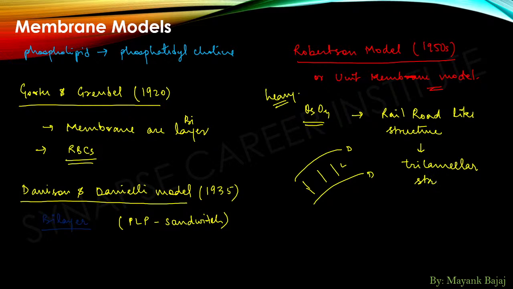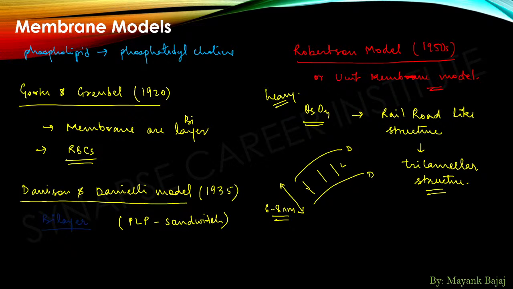So what he observed is the trilamellar structure, that is the dark staining region, the light staining region, right? He also calculated the total membrane thickness, including both layers, the inner layer and the outer monolayer. He observed that the total thickness of the membrane is 6 to 8 nanometers.